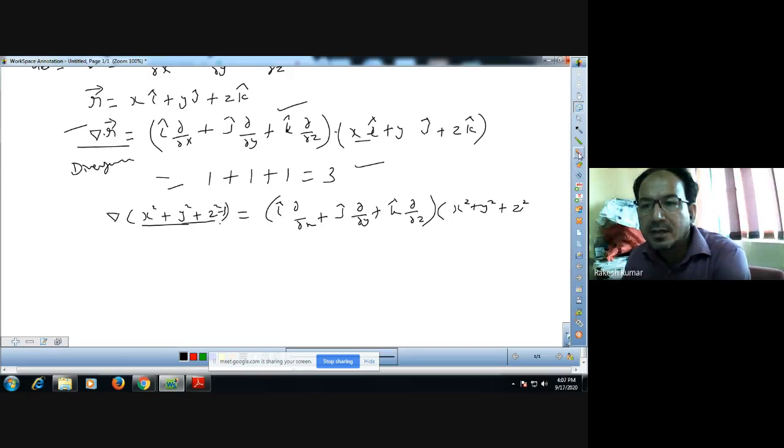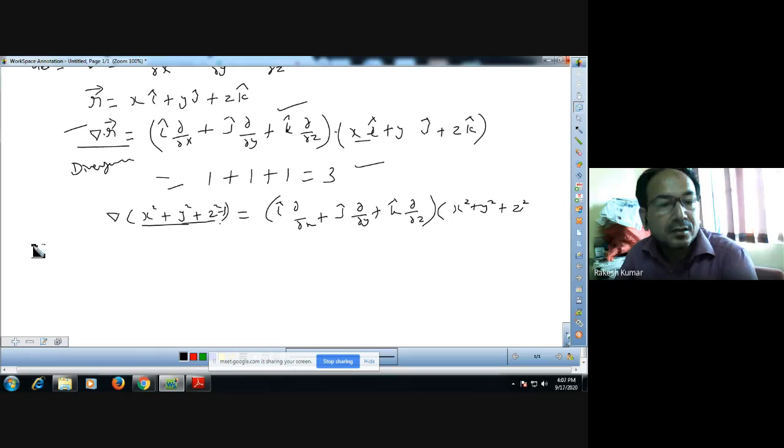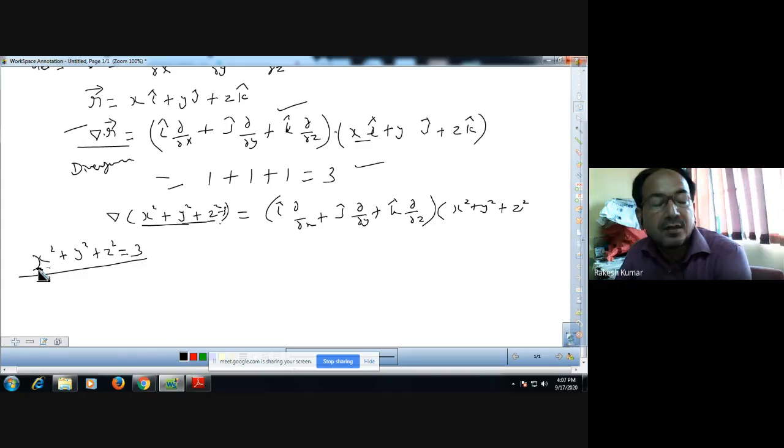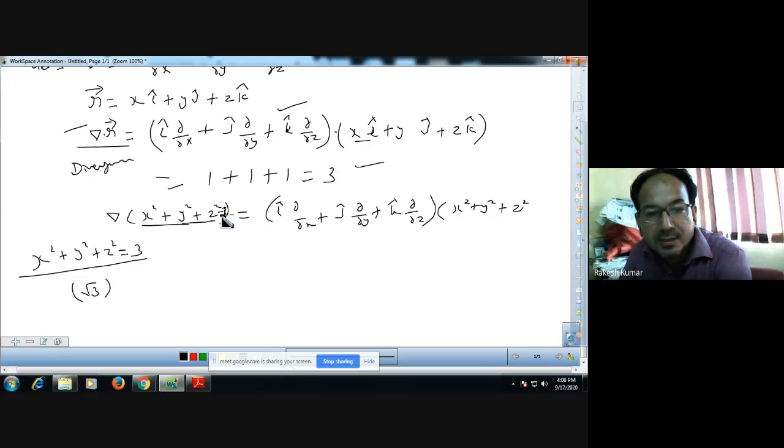This is the equation of a sphere. I'm writing down the equation: x square plus y square plus z square is equal to 3. This is the equation of a sphere with the center 0, 0, 0, and your radius is square root of 3. So you just put minus 3 here.